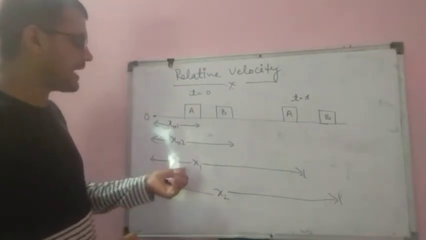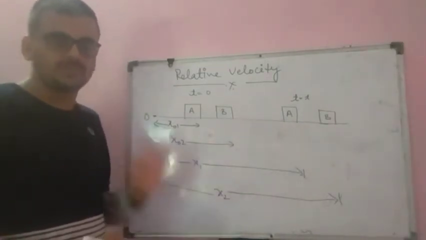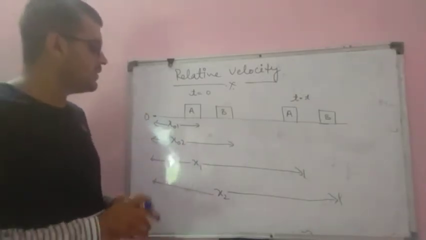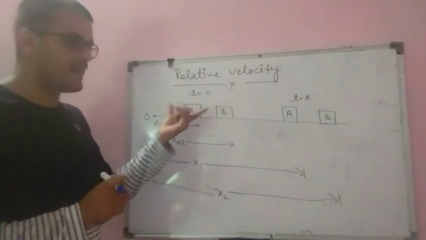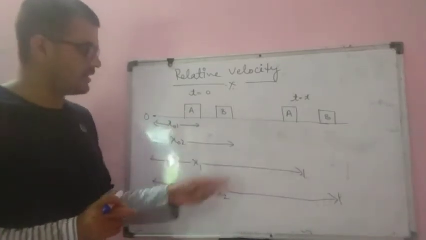So this is at time t equal to 0 and this is at time t equal to t.